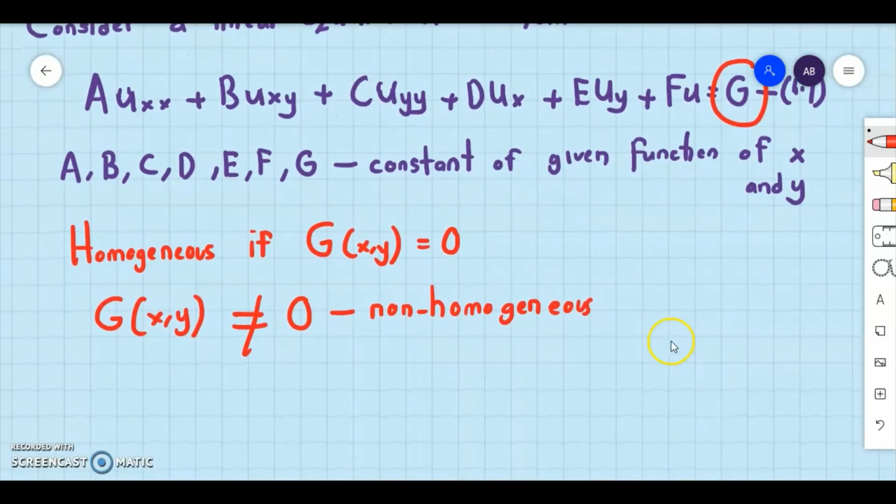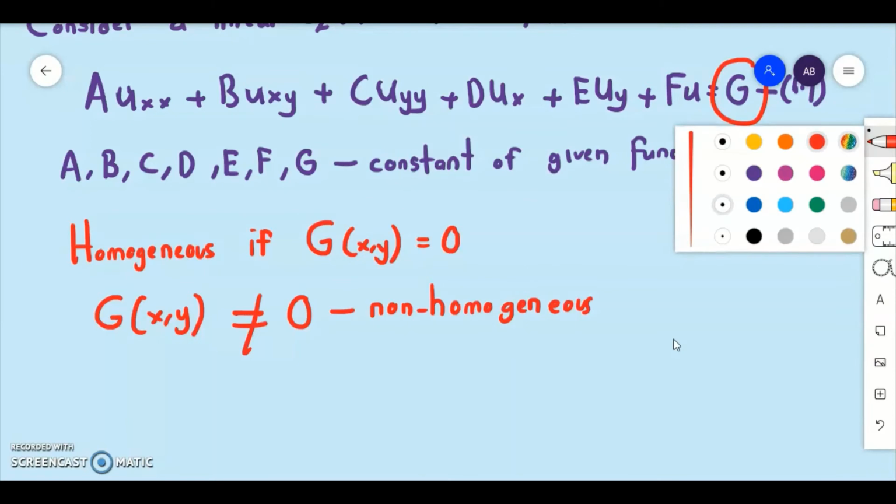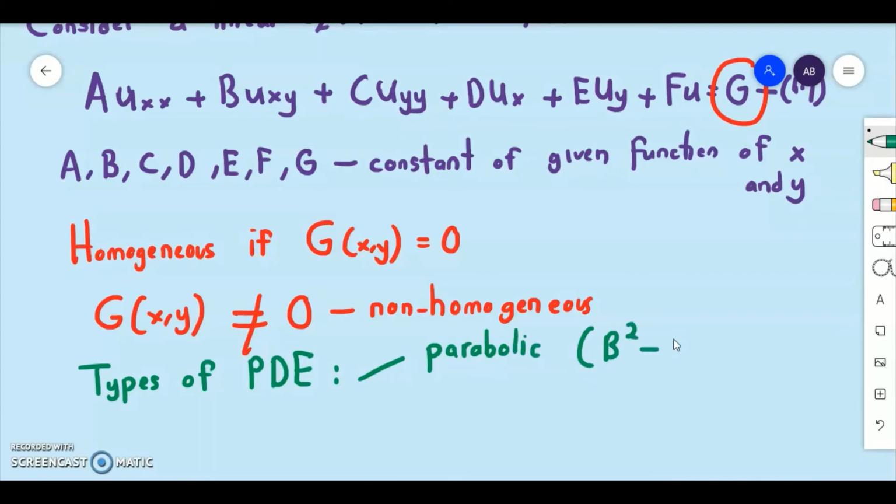Okay, now keep looking at this standard equation here. Now we can determine the types of PDE. There are a few types. We have parabolic if b squared minus 4ac equals 0.